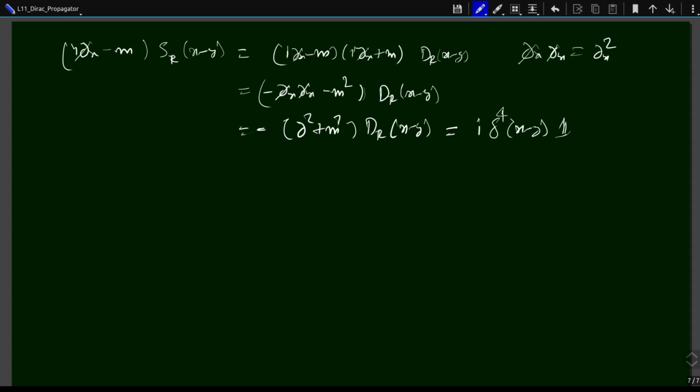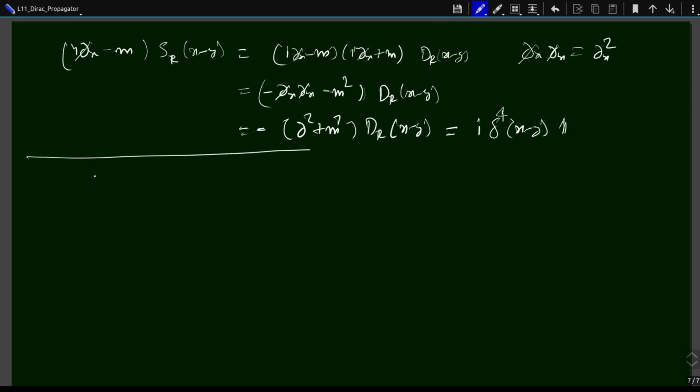Okay, and basically we don't need the retarded Green's function because when we write this integral, so okay, let's first write the integral for this. We saw that this is the Green's function, and a Green's function is a propagator that you already know.